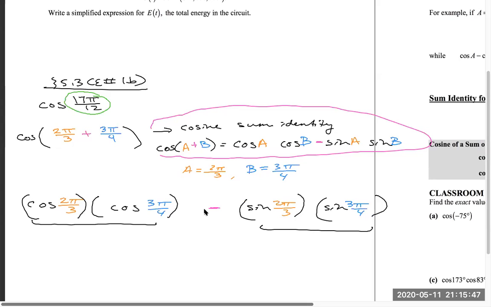Now, this is when you need your unit circle knowledge, okay? For 2 pi over 3, that would be right about here. And its coordinate is located at -1/2, root 3 over 2.